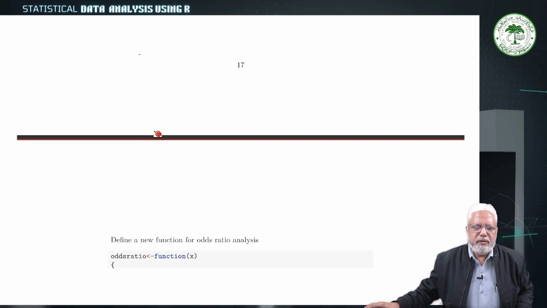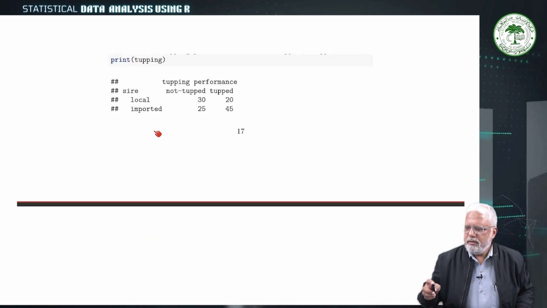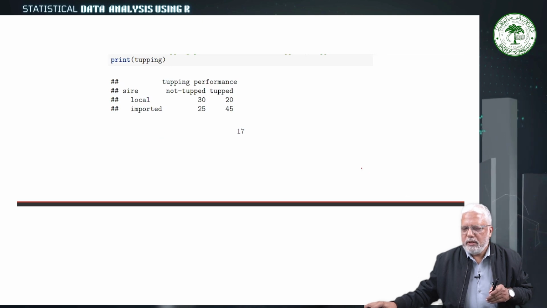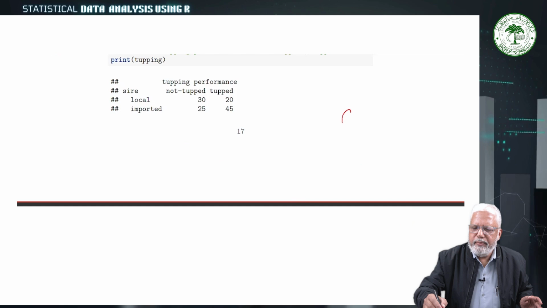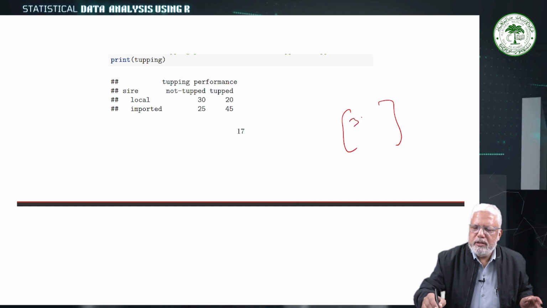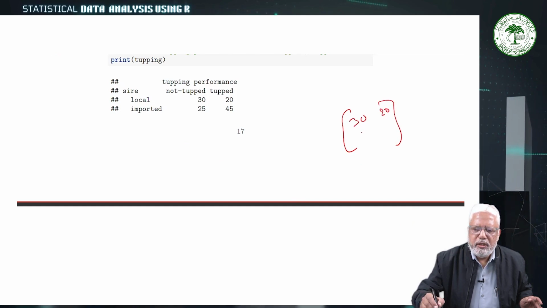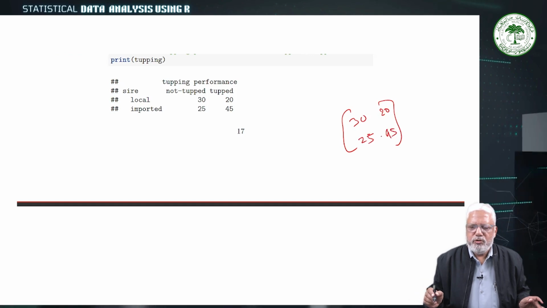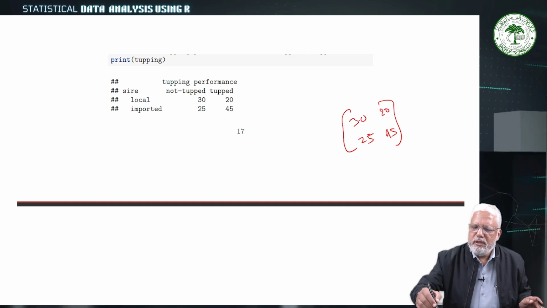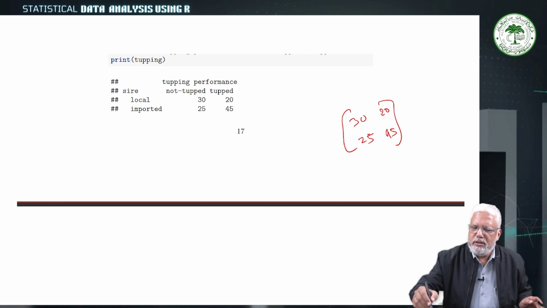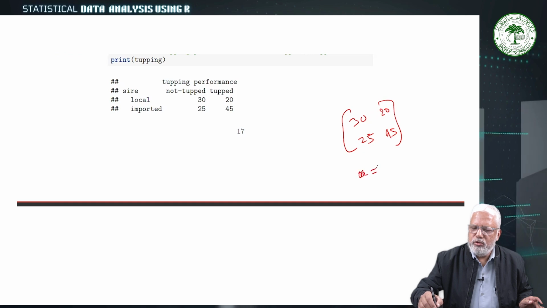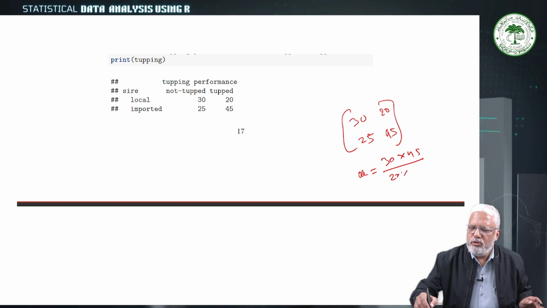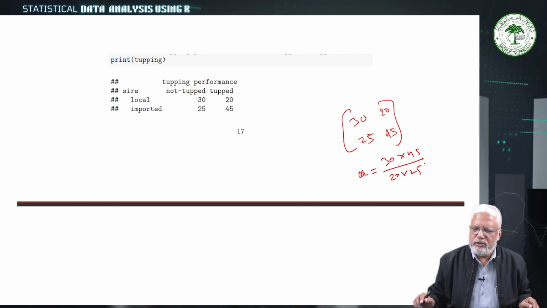Say for example, the data matrix is like this: 30, then 20, then 25, and then 45. So odds ratio is 30 into 45 divided by 20 into 25. This is known as odds ratio.